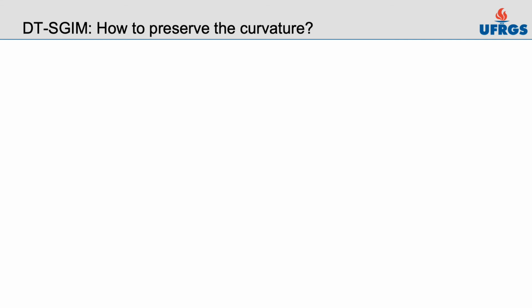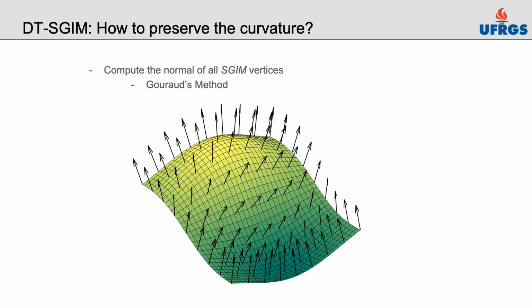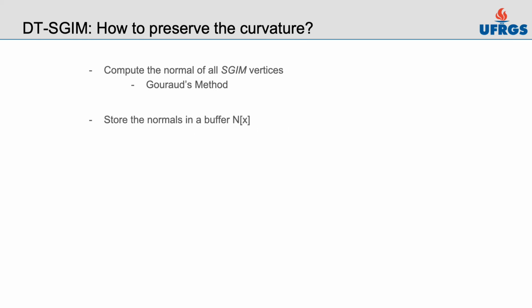Let's take a look at how our filter preserves the curvature of the original mesh. For that, we have some pre-steps that need to be performed before the filtering begins. First, we compute the normal of all vertices of the spherical geometry image using Gouraud's method. Then, we store the normals in a buffer, and finally, we calculate the domain transform of each pixel based on that buffer.